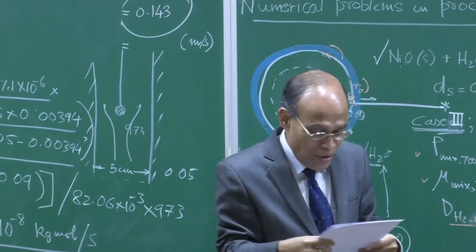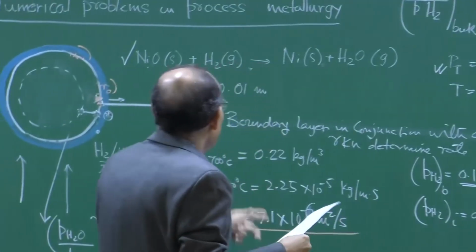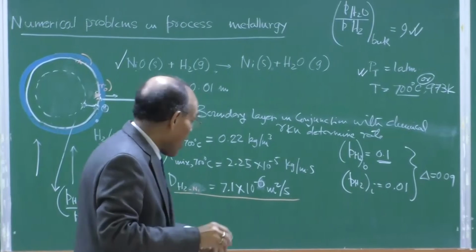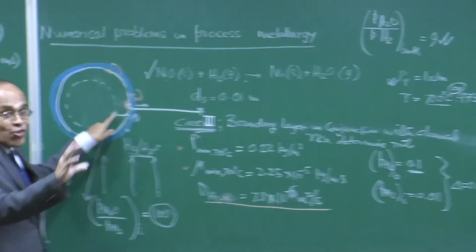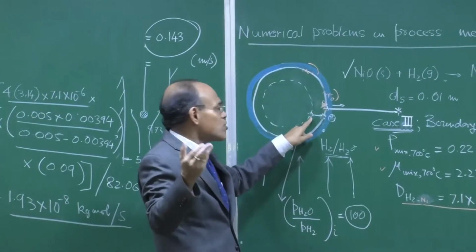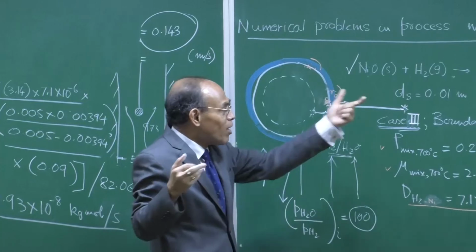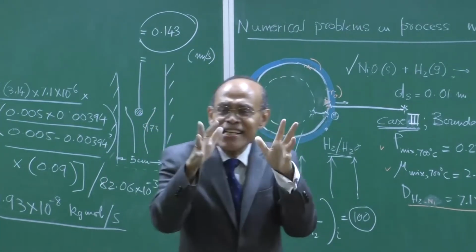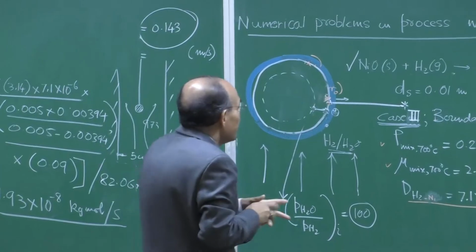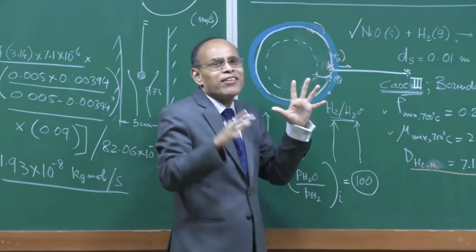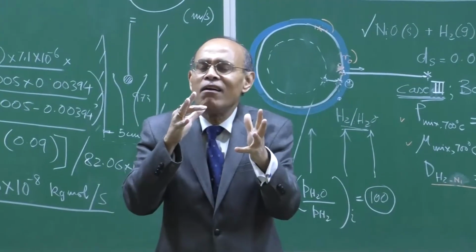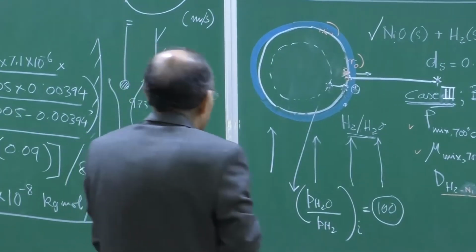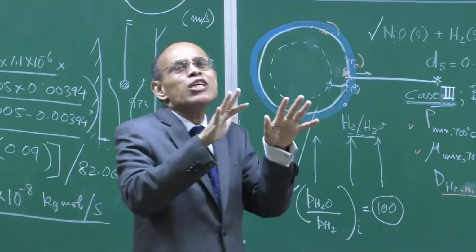So, we will discuss and conclude this third case in tomorrow's lecture, and then it is going to be clear to you how really this interfacial concentration is determined. There is a theory, of course, discussed in the metallurgical kinetics course, but I will write down the final expression, and we want to calculate a scenario when the chemical reaction rate constant and the boundary layer mass transfer rate constant both have equal magnitude.